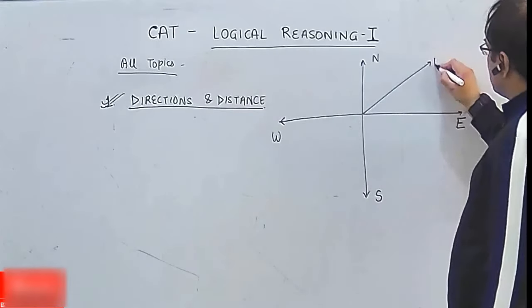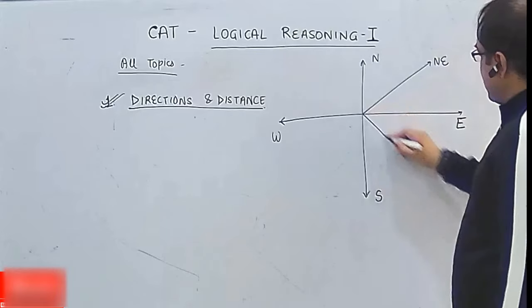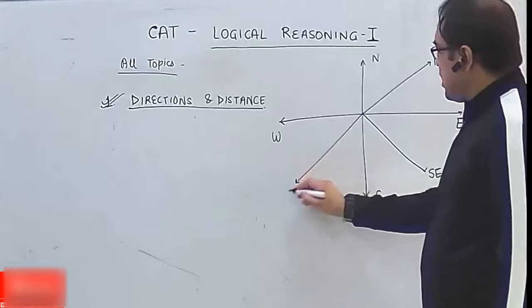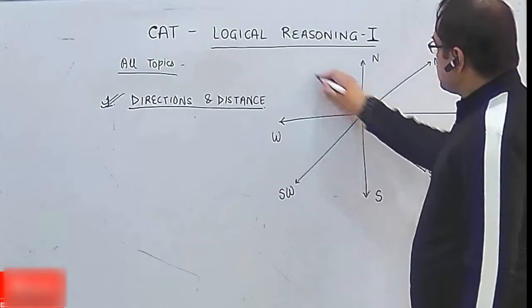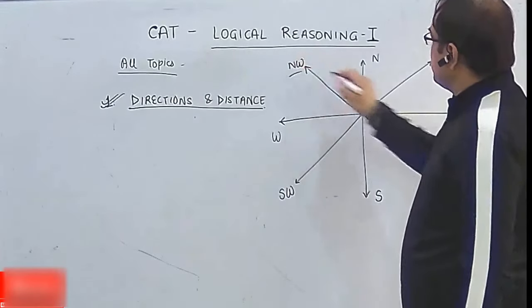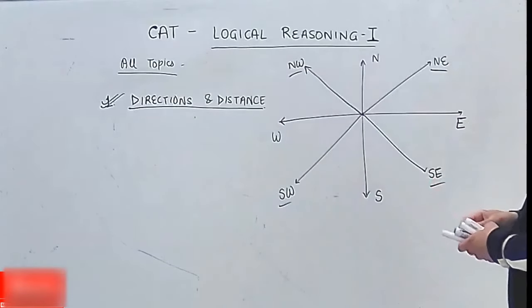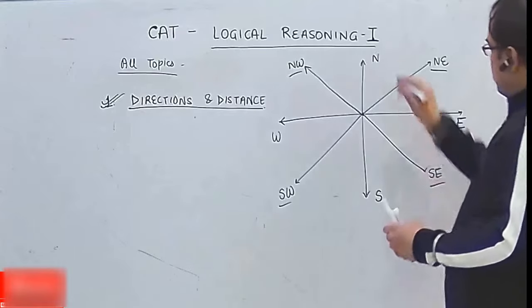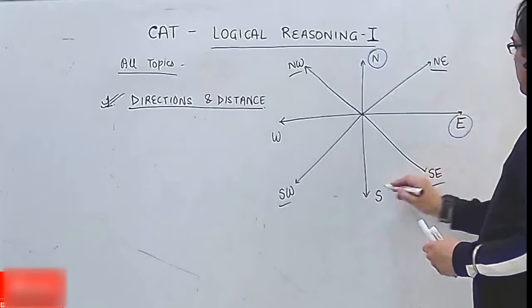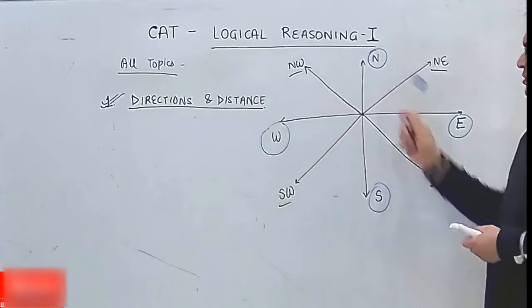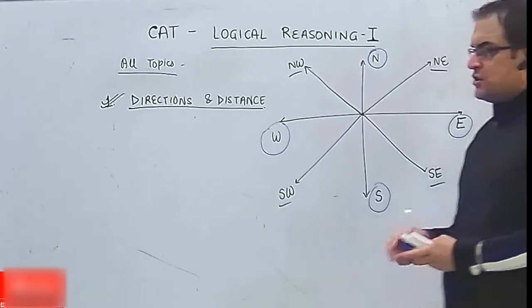First is northeast, second is southeast, third is southwest, and fourth direction is northwest. So these are basically four more directions derived from the basic directions north, south, east, and west. Firstly we should know in which direction is north and which direction is south.